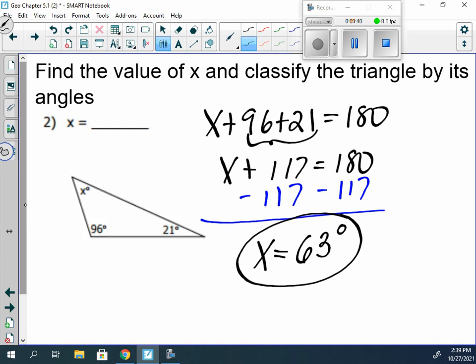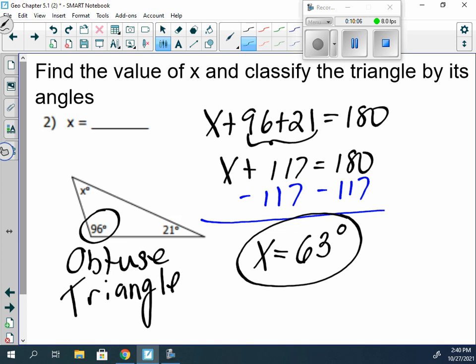That's what we did, because we added them together and subtracted. Yeah, that's the exact same thing. Now, how can we classify this triangle by its angles? Because we have one angle that is greater than 90, it's going to be an obtuse triangle.